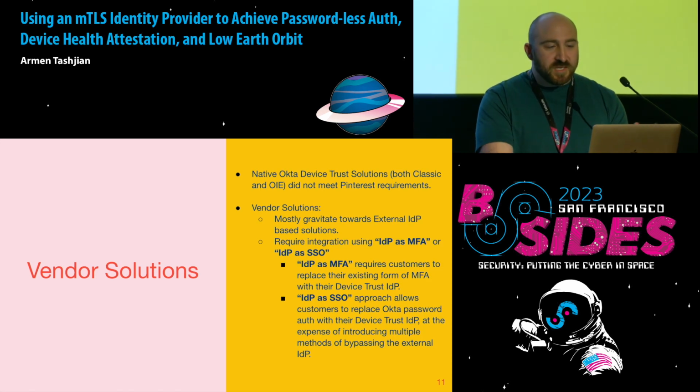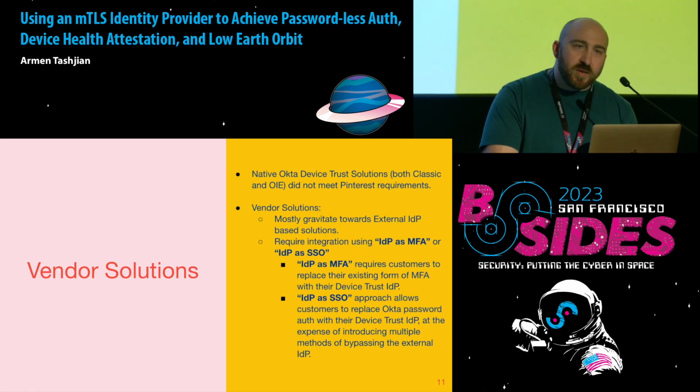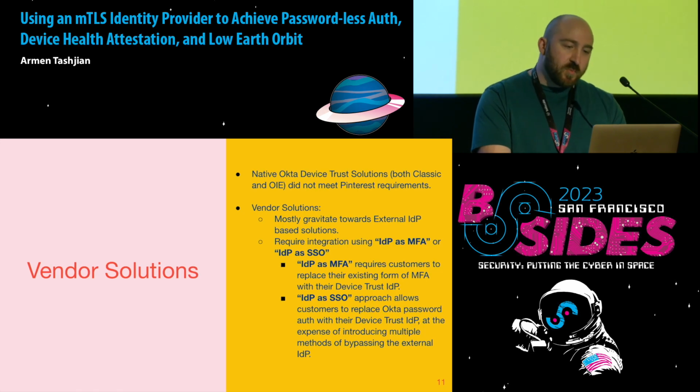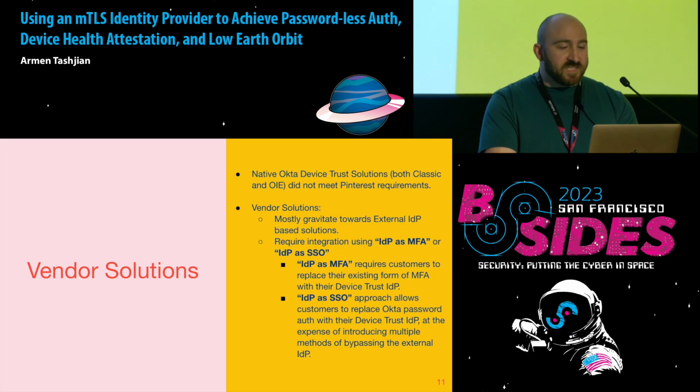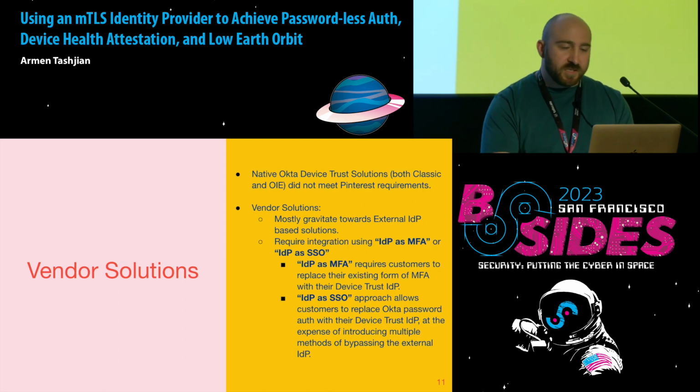For Pinterest, because we have this more complicated MFA policy, if you will, because of our FIDO2 deployment, using the IDP as MFA approach was never an option for us. And so what we've done is basically use the IDP as SSO approach. If you're interested in how we mitigate all of these bypasses that I'm referencing, I'll be linking to a blog post at the end of the presentation, so feel free to check it out.